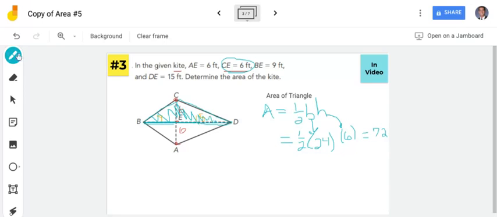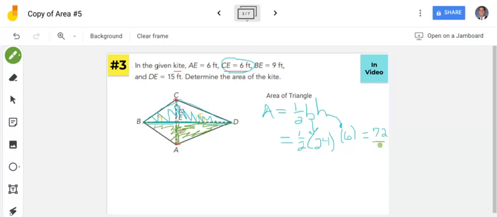Now, do you also see how this triangle, the one I'm shading in green, is going to be the same as this triangle? It's going to be 72 because it has a base of 24. From B to D is 24, and it has a height of 6. From E to A is 6. And we just found the area of a triangle that has base of 24 and height of 6. So basically, I have two triangles that have an area of 72 square feet.